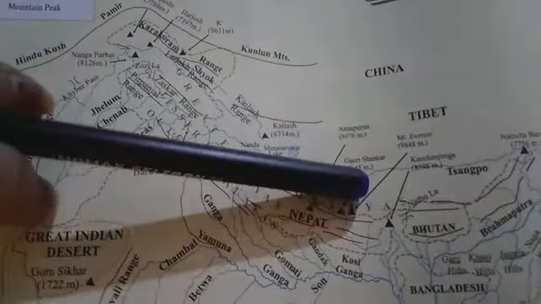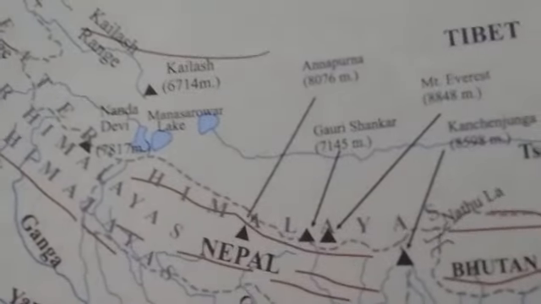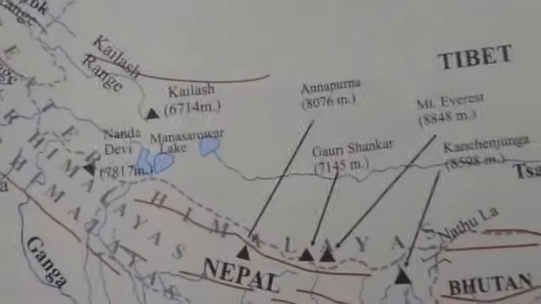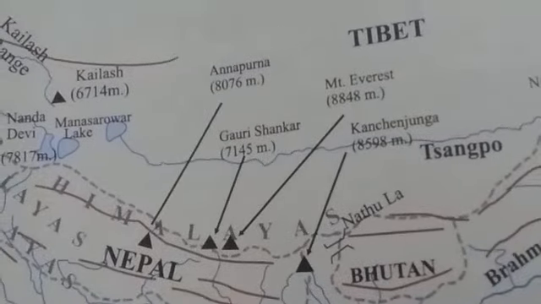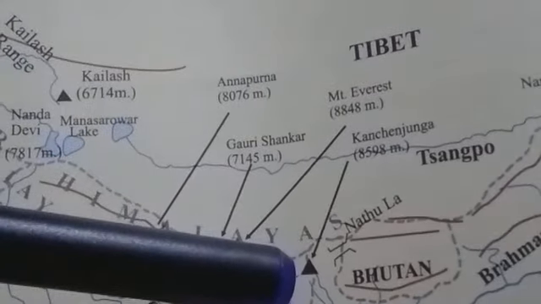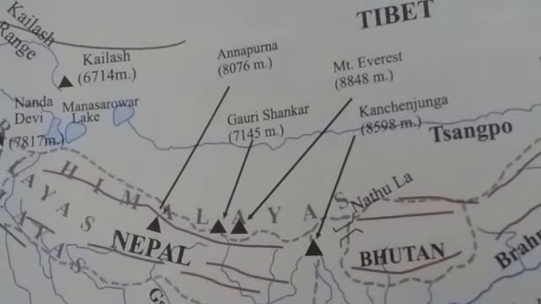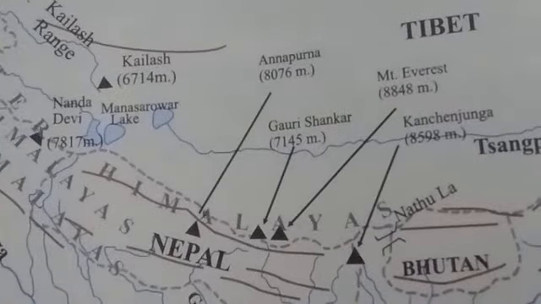Here you can see Mount Everest. It is in Nepal. Mount Kanchenjunga, 8,598 meters, in Sikkim, is the highest peak of Himalaya in India.